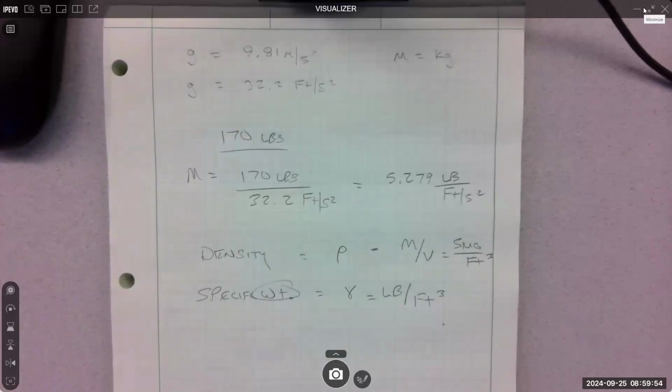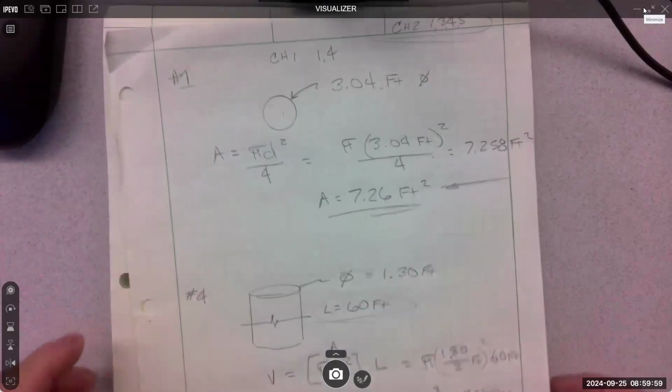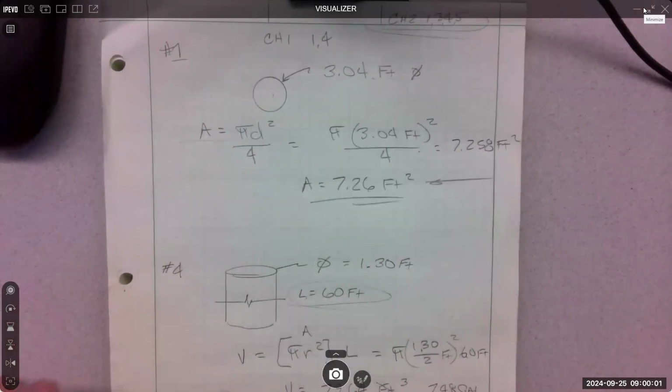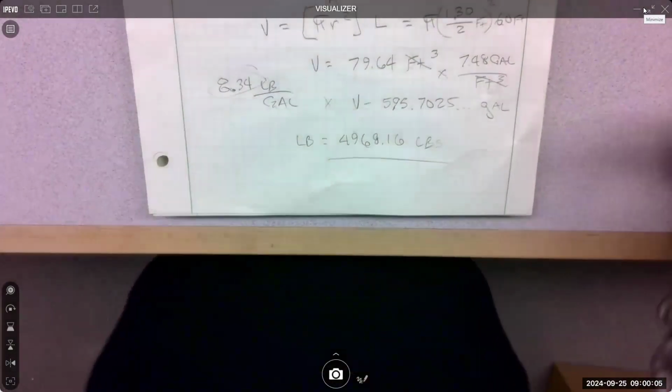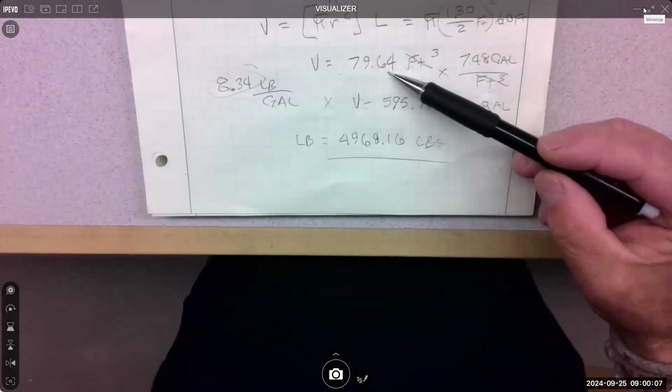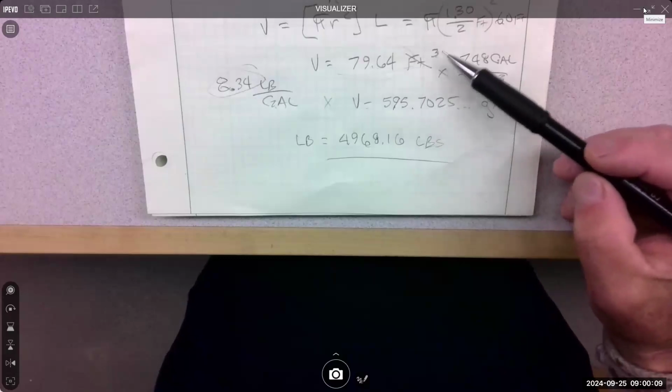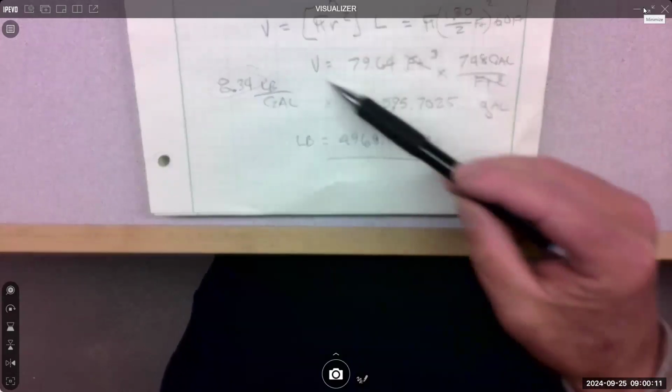All right, let's go back to the problem that we just worked, and I want to know how much mass is here. We had 79.64 feet cubed. That's our volume.